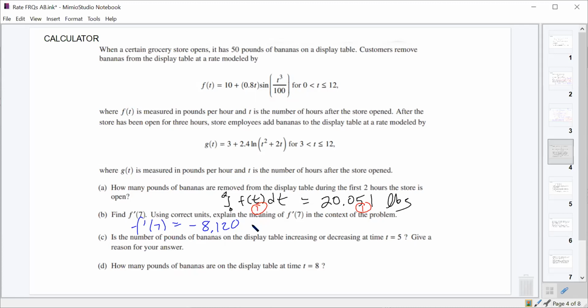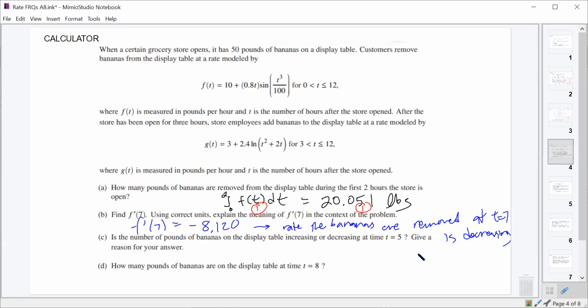Since this is negative, it tells us that the rate the bananas are removed at t equals 7 is decreasing. So that rate is getting slower. They're being removed at a slower rate at t equals 7 than they were just before t equals 7. Slowing down.